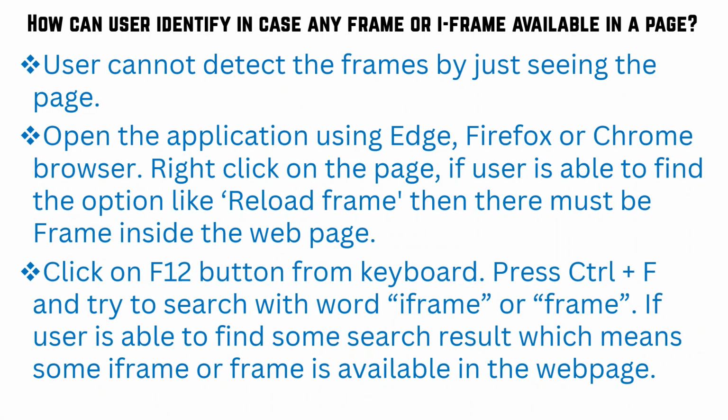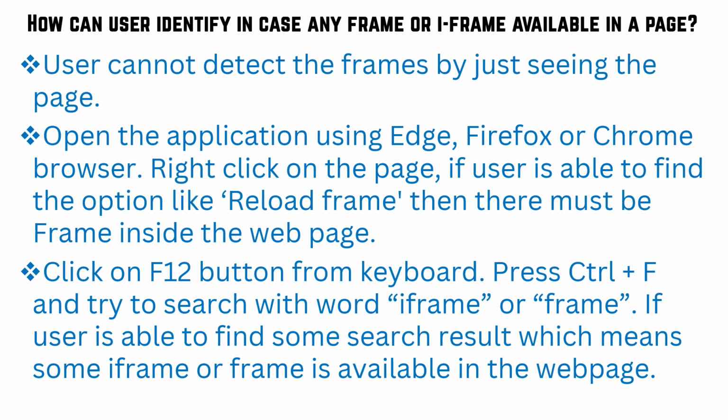So the second option is very simple, where you can open the web page in any browser, press the F12 button from the keyboard, then press Ctrl F and try to search with the word frame or iframe. If the user is able to find some search result, it means that a frame or iframe may be available, but the search result should show that it is starting with the tag name frame or iframe.